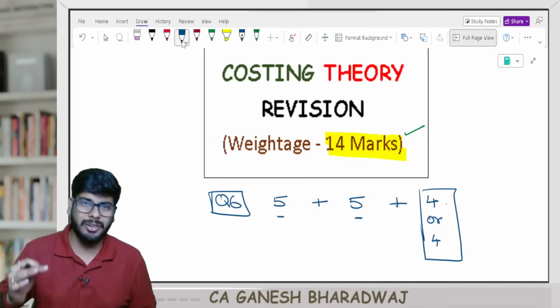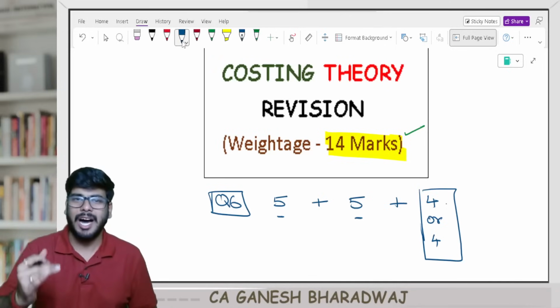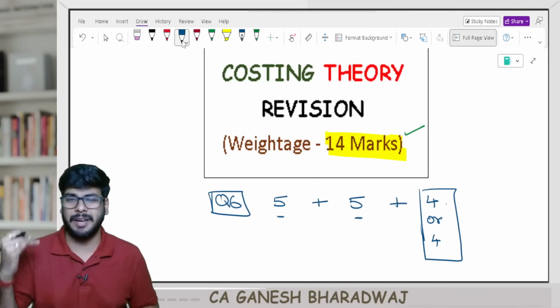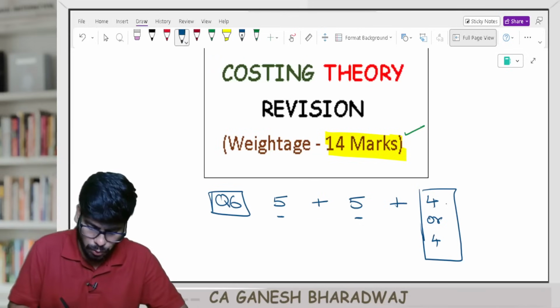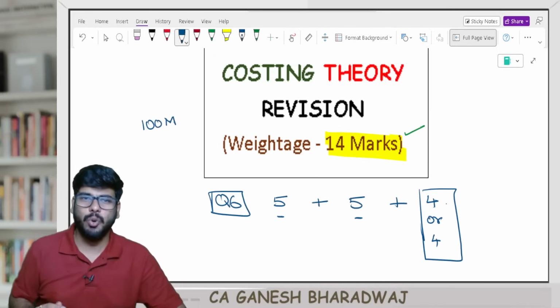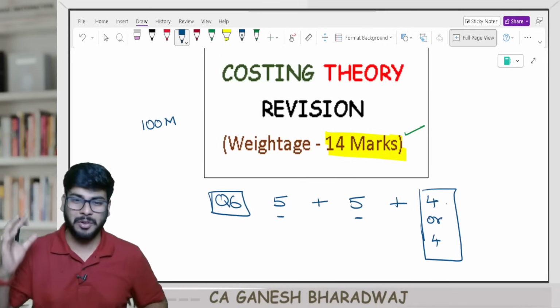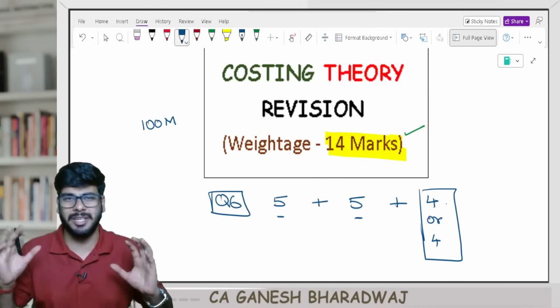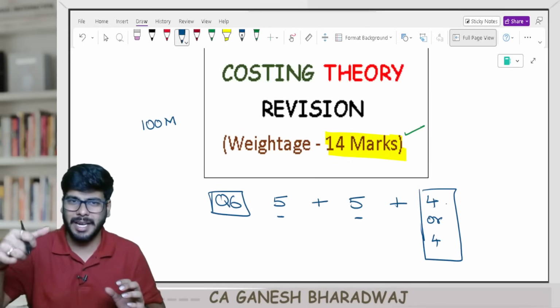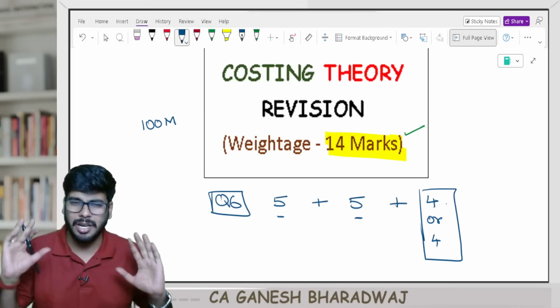And in your exam hall, as I've told you many times, you have to write for 100 marks, and you have 3 hours of time. So you have 180 minutes. From that 180 minutes, reduce 10 minutes. They'll ask you to sign and stick the barcode and all, so remove that.